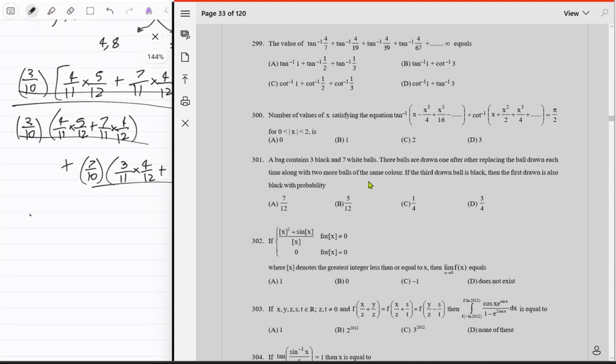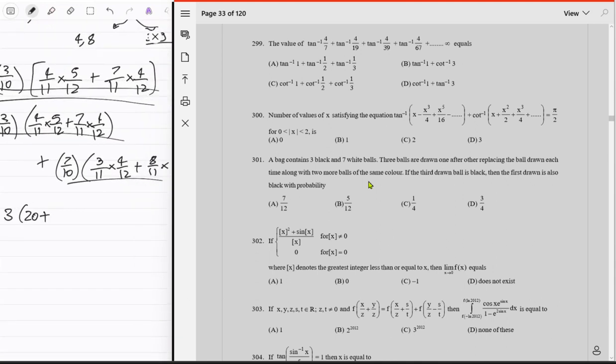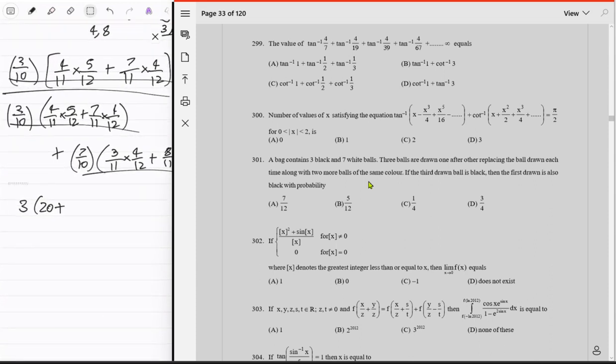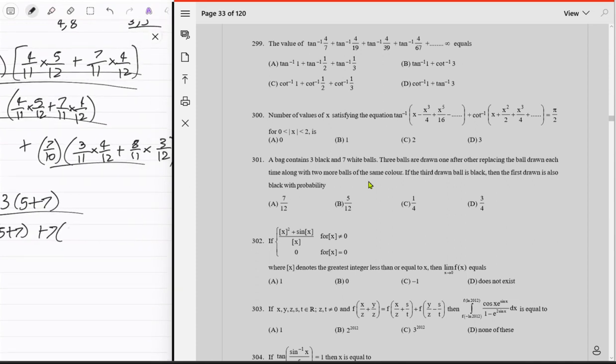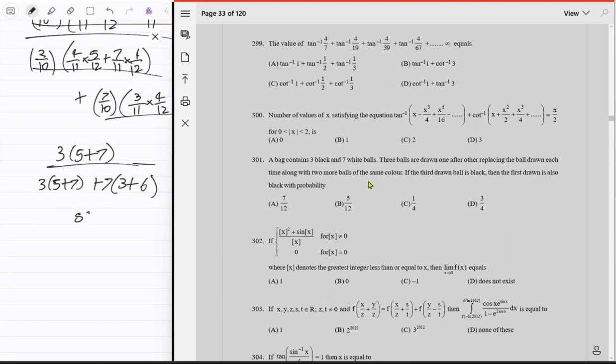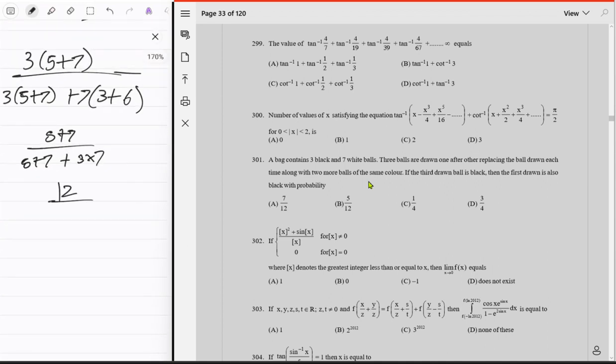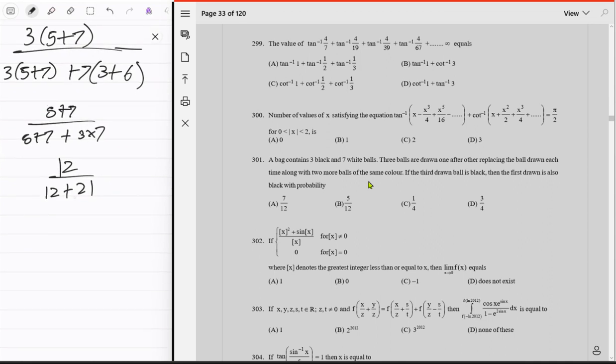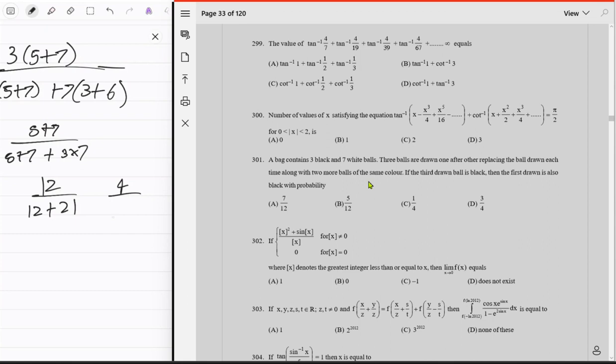What do you get? 3 times 4 times 5 is 20, plus... remove 4 from everywhere too. So we get 3 times 5 plus 7 upon 3 times 5 plus 7 plus 7 times 3 plus 2 times 3, which is 6. Remove 3 as well: 5 plus 7 upon 5 plus 7 plus 1 plus 2, which is 3 times 7. That's 12 upon 12 plus 21, which is 4 upon 4 plus 7, which is 4/11.